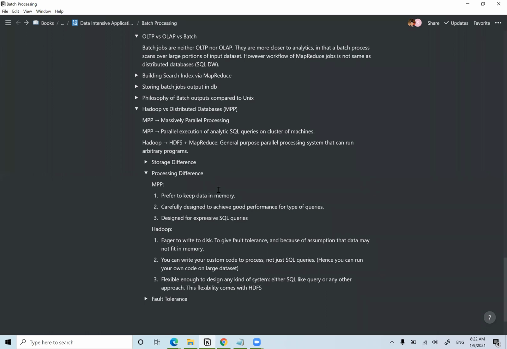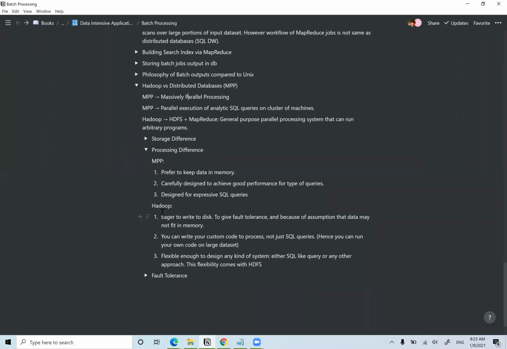So they can optimize your database for those kind of queries, so they can return the results very fast, in the order of a few seconds to a few minutes, right? Whereas in batch jobs, in Hadoop kind of jobs, your jobs could run for a very long time, like they could run for hours, right?